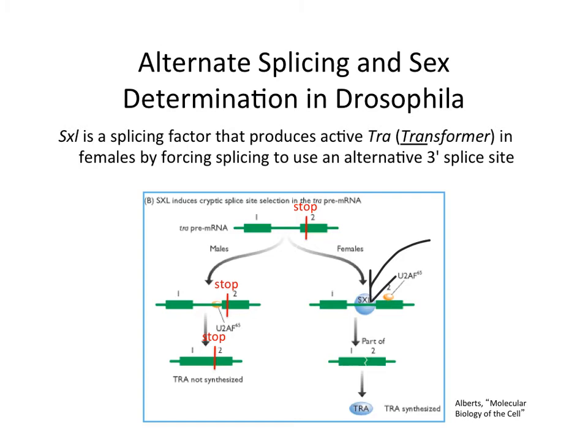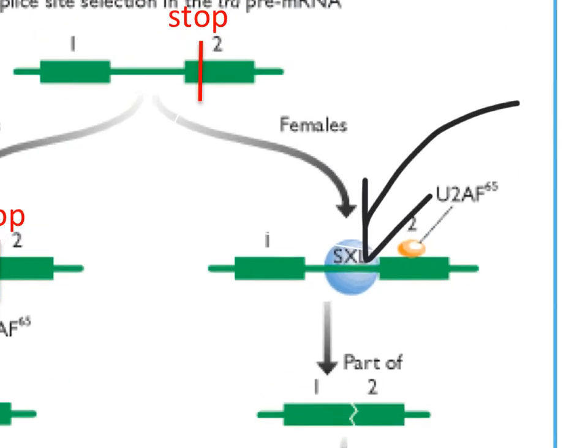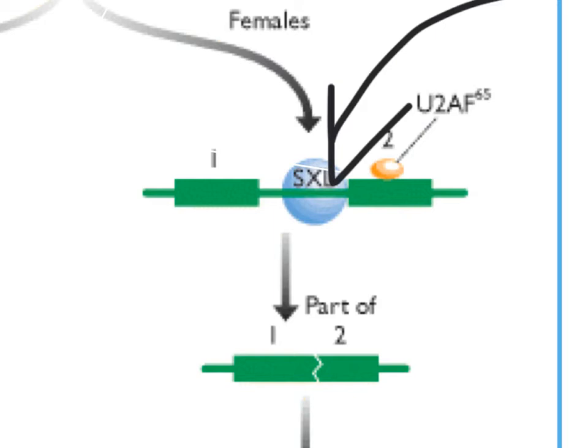So what does it do in this case? If you're female, here on the right side, where does sex-lethal bind? Where does it look like it's binding? Right here. Is it exon or intron? It's an intron, the skinny little line connecting exons. What nucleotides is sex-lethal covering up?